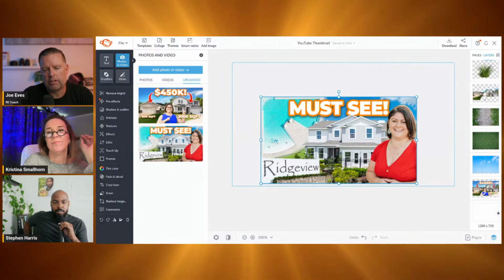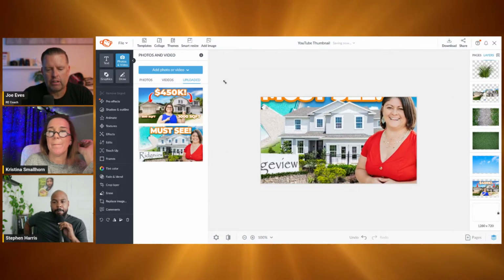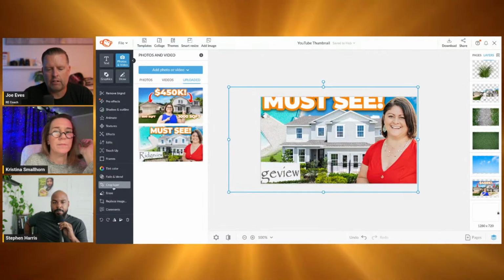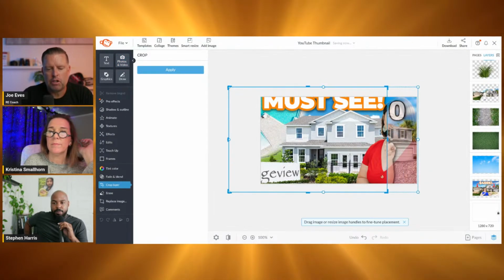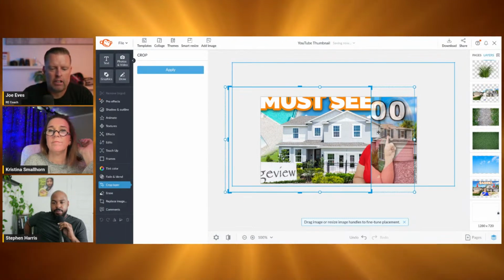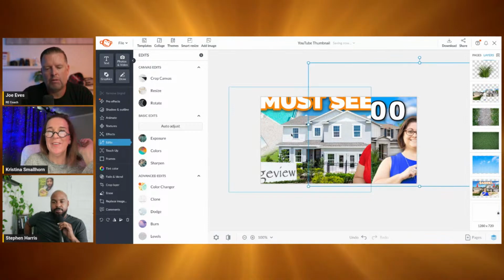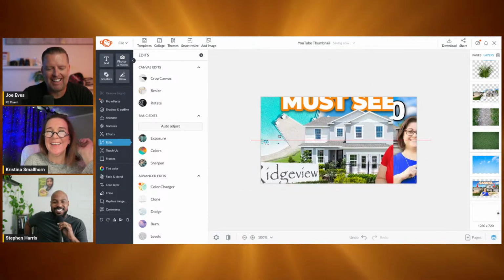The other thing you could do with this is make the house bigger and remove the agent, and instead of "must see," you could put "pool" and then an arrow pointing to the back of the house, so that you don't see the pool, but you know it's there.